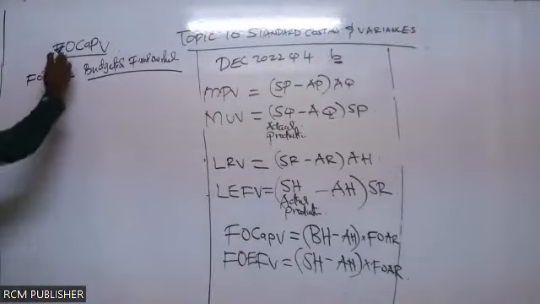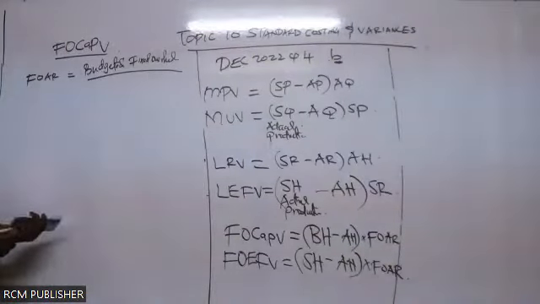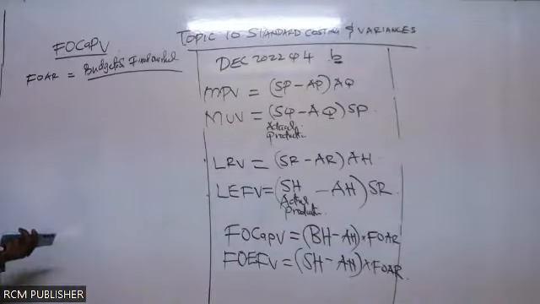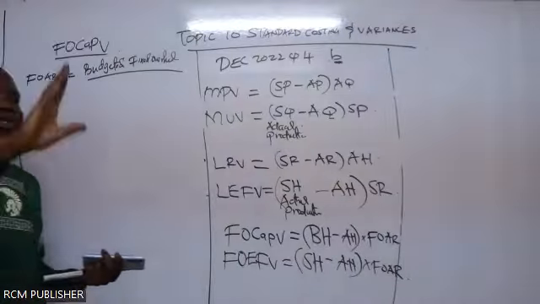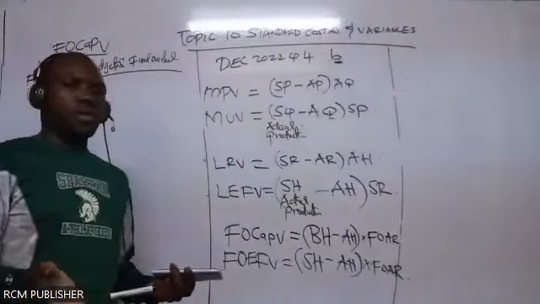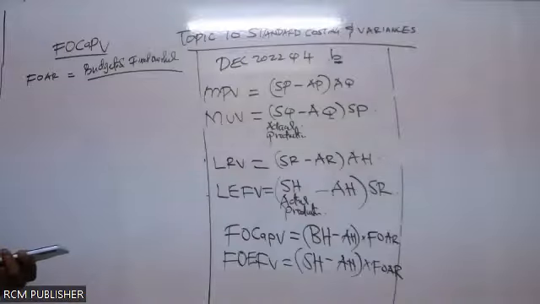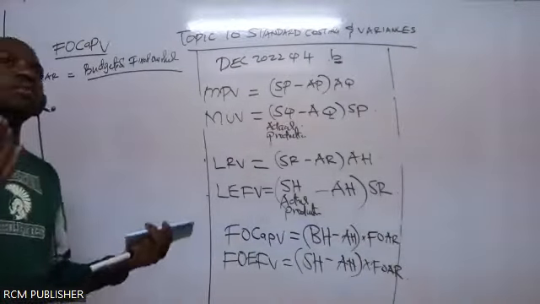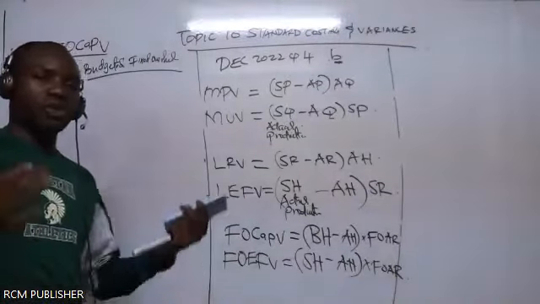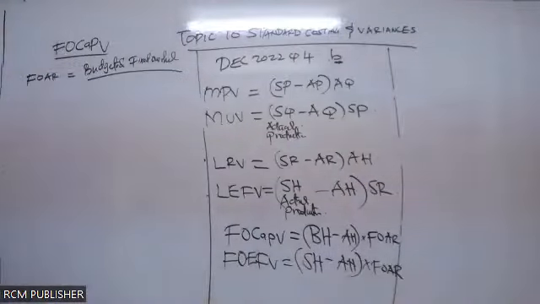The budgeted activity level will depend on the rate that we have been given. What will be the absorption rate of the fixed overhead? Will it depend on the units of output? Will it depend on the total machine hours or total direct labor hours? What are we given there?